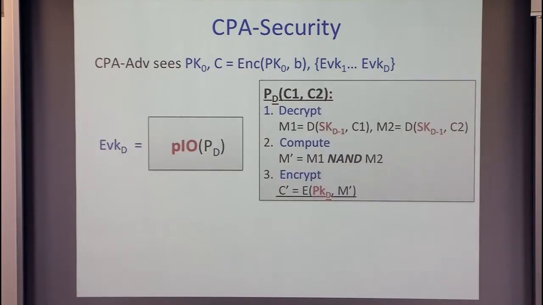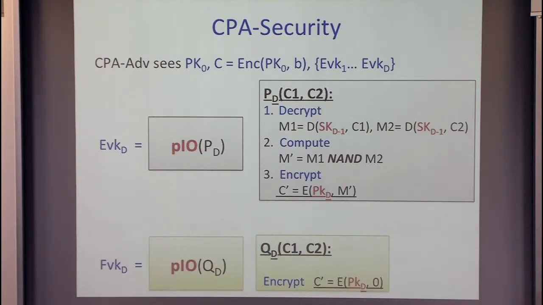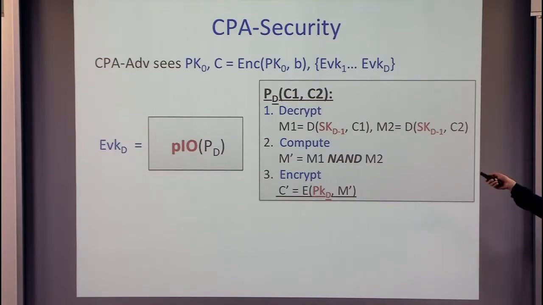Okay? So let's start with trying to do this process of eliminating the secret key from the last layer. Let's look at the last layer evaluation key. It does what? It does decrypt, compute, and encrypt, right?